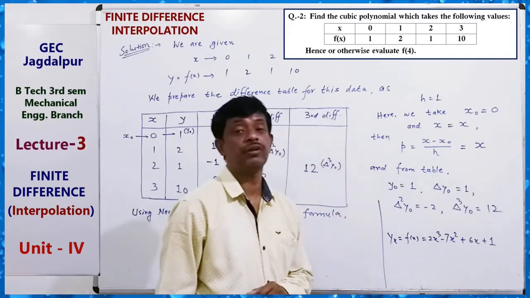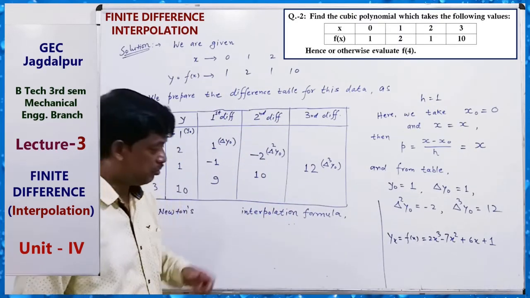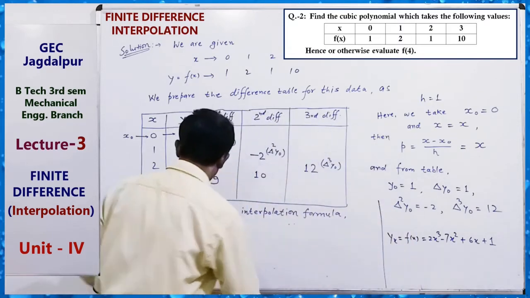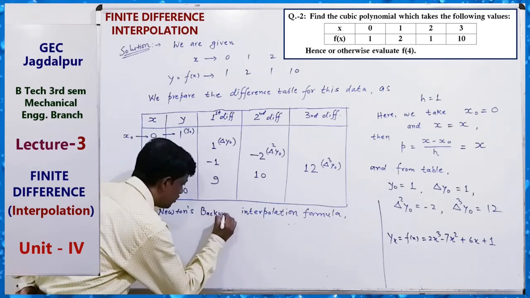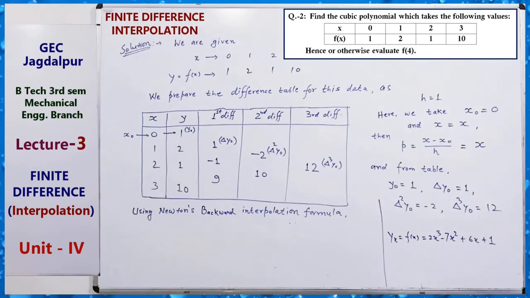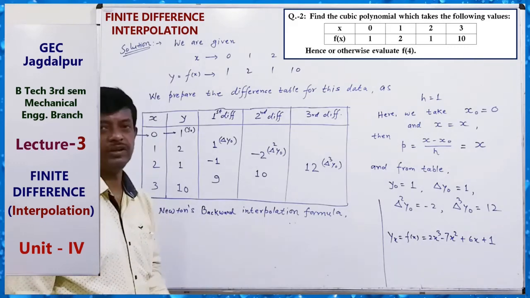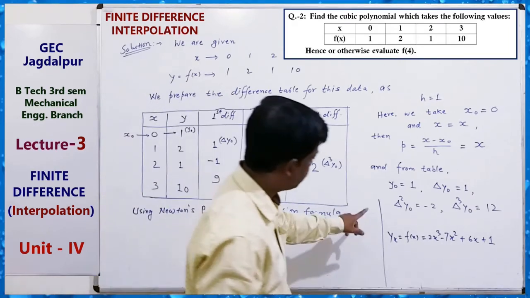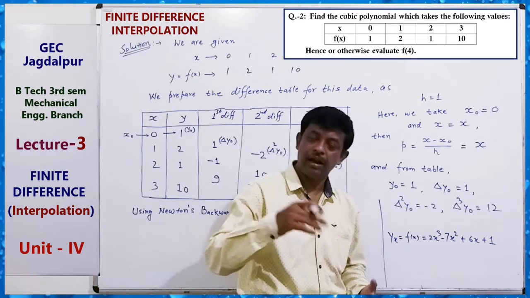And also f4 can be found by using the backward interpolation. Newton's backward interpolation formula is used for finding f4. f4 we can also find, hence and otherwise.